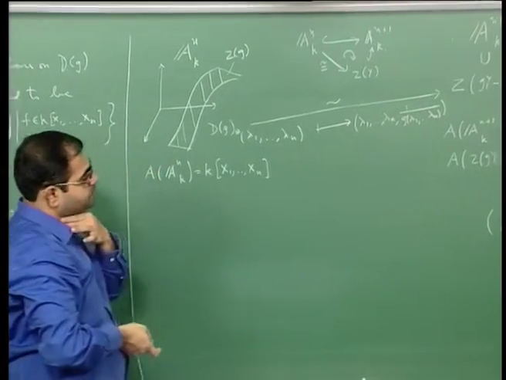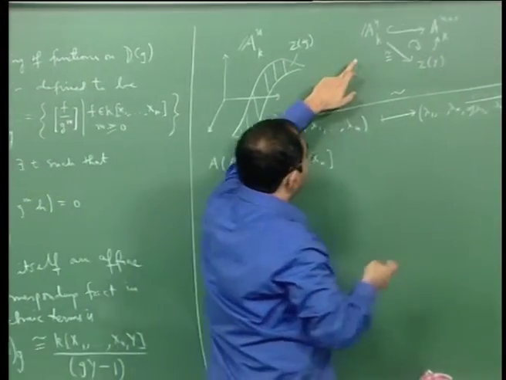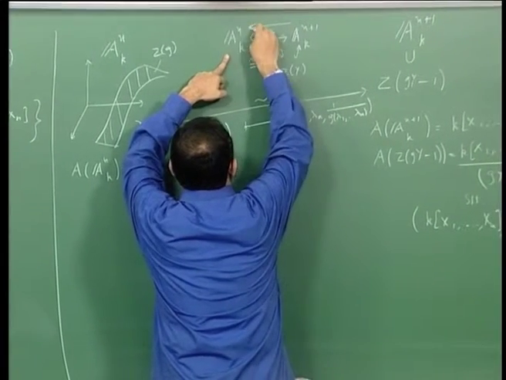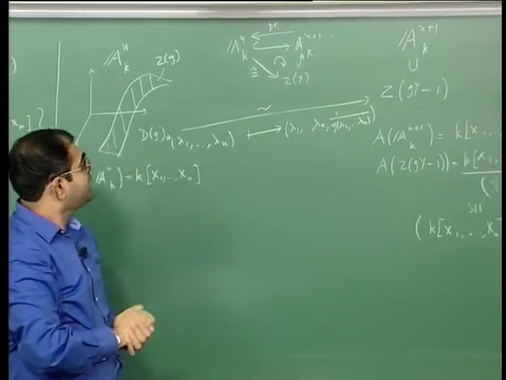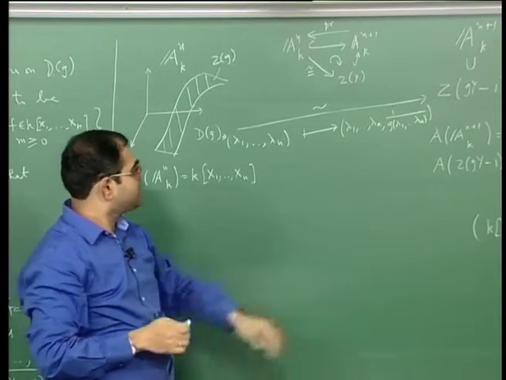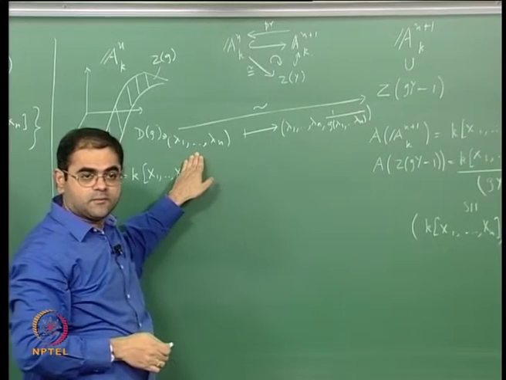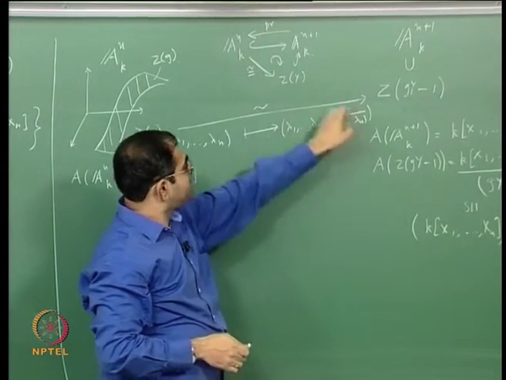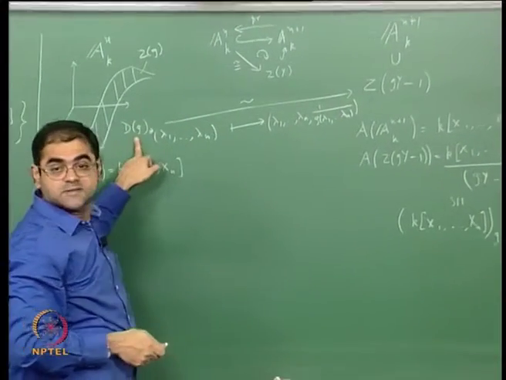And what is happening is that you also have a projection map from A^(n+1) into A^n, and the projection map is the map that takes the n+1 coordinates and forgets the last coordinate. The statement is that if you take this projection map and restrict it to this closed subset, then that gives an isomorphism with this open subset.